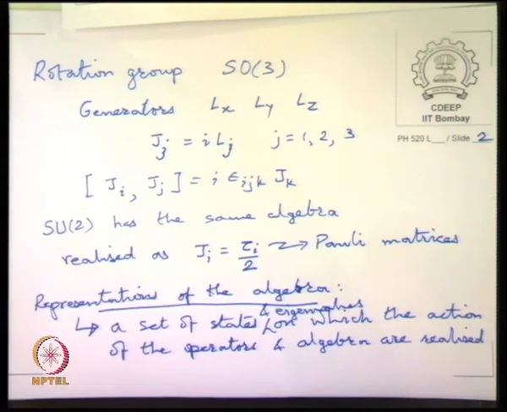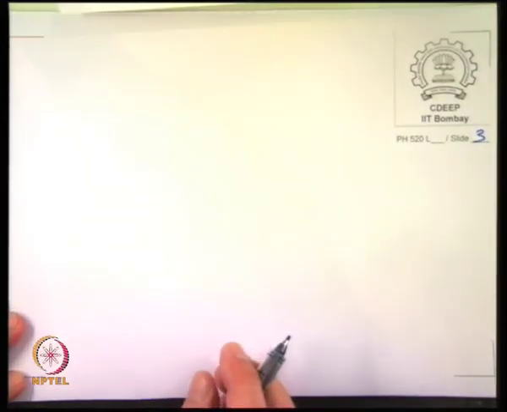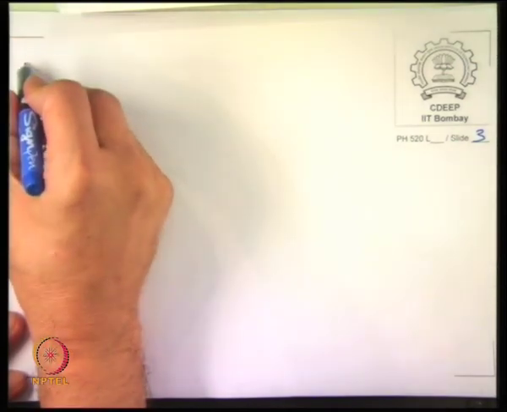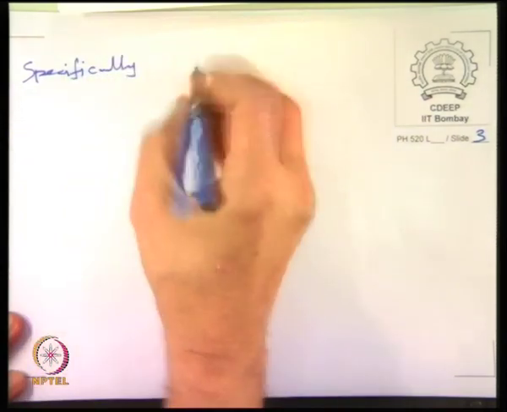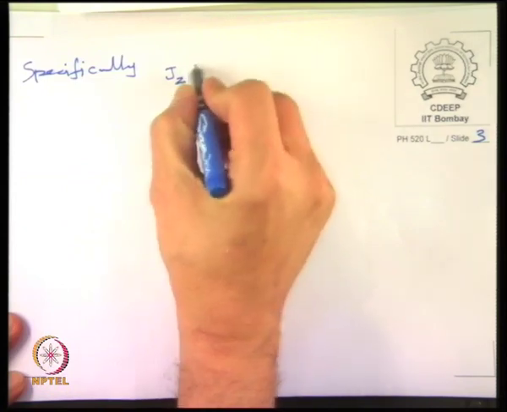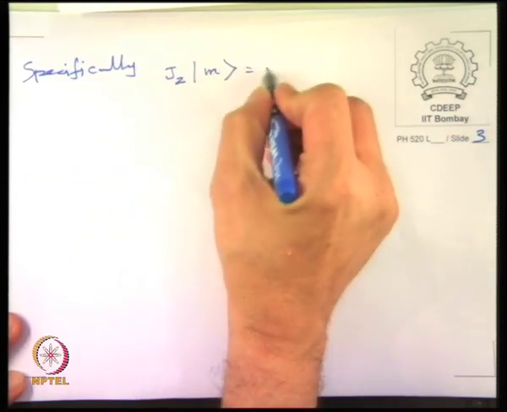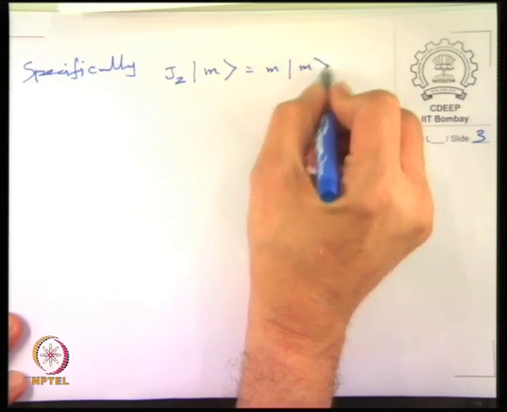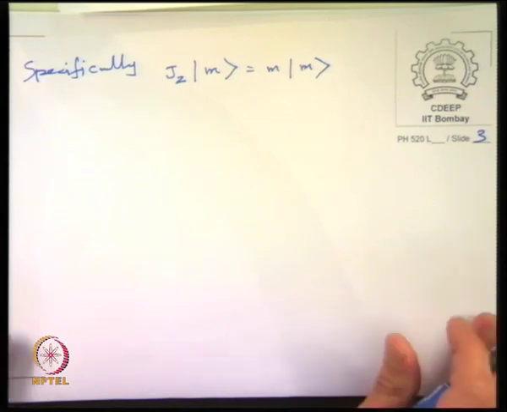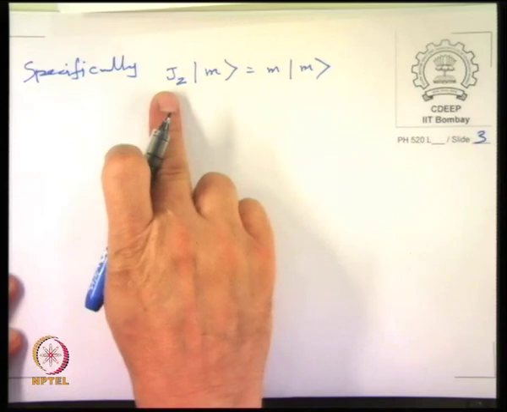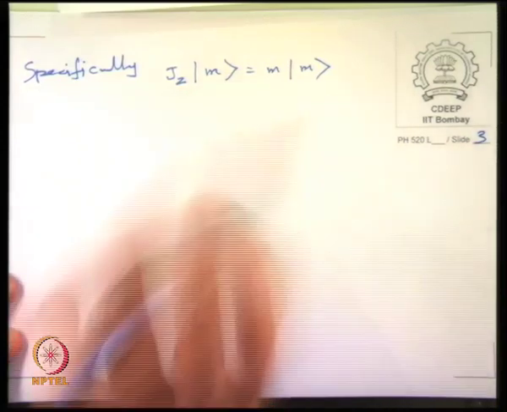So that is what we mean by knowing the representation, because we can then manipulate, we can handle any computation that deals with this algebra. So specifically we introduced Jz|m> equal to m|m> in quantum mechanics notation, but |m> is any vector. So you could write in vector algebra terms, treating this as a matrix and this as a vector and eigenvalue.